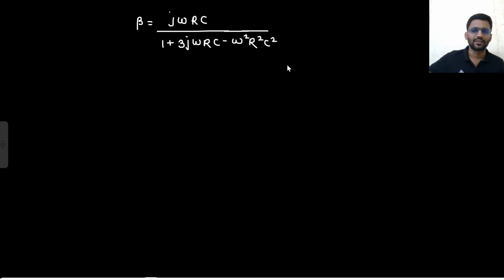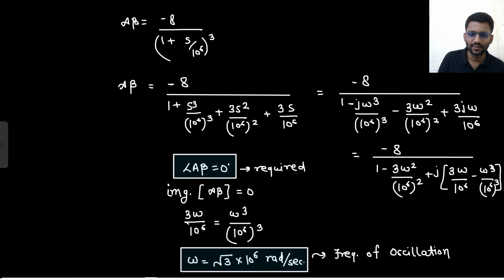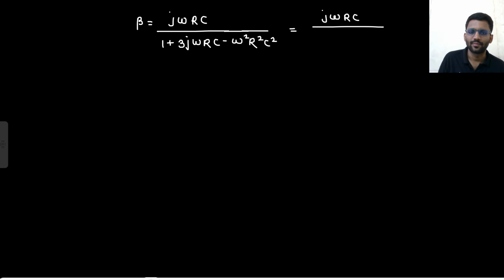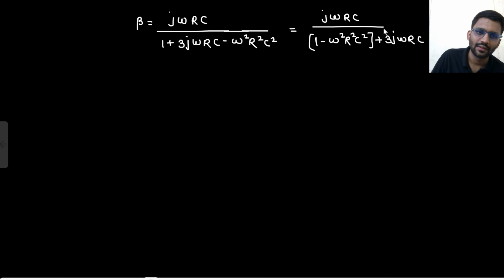Or I can write J omega RC upon 1 minus omega square R square C square plus 3J omega RC.